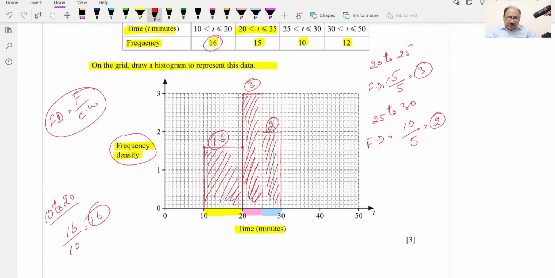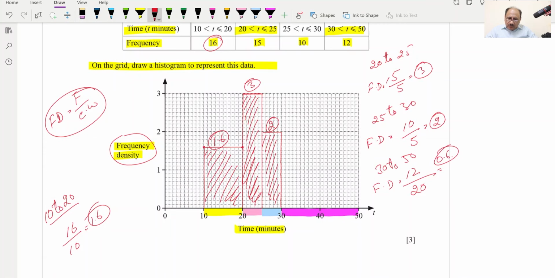Then next is from 30 to 50. 30 to 50 will be what? 30 to 50 is this whole range up to 50, and we can calculate the frequency density. Frequency density will be equal to frequency 12 divided by class width, which is 20, and this will be equal to 0.6.